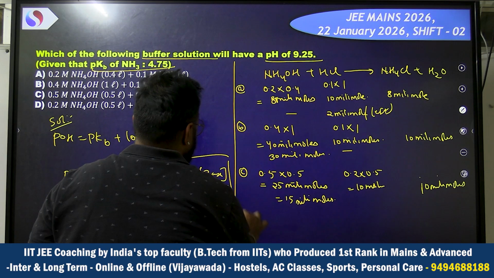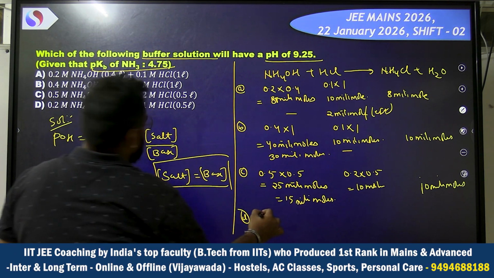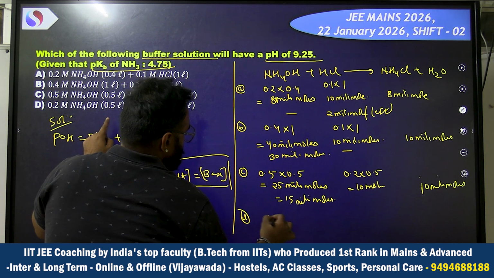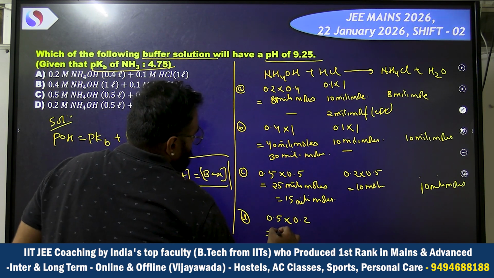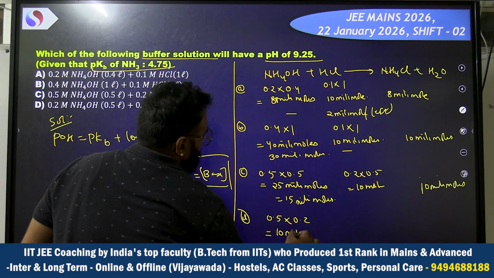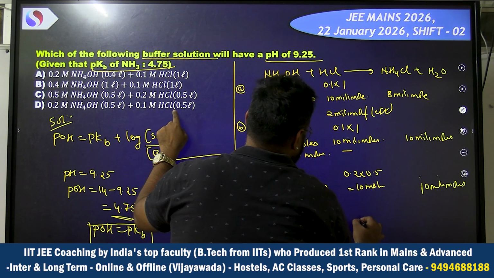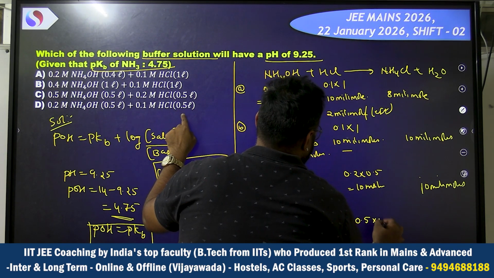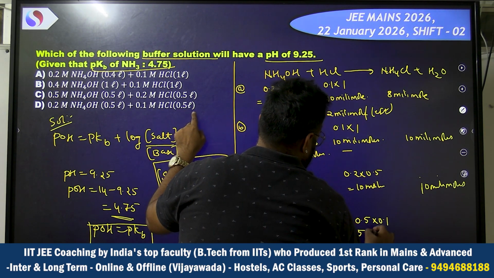Let us see option number D. This is 0.5 into 0.2, so this will be 10 millimoles. And acid is 0.5 into 0.1, that means 5 millimoles.